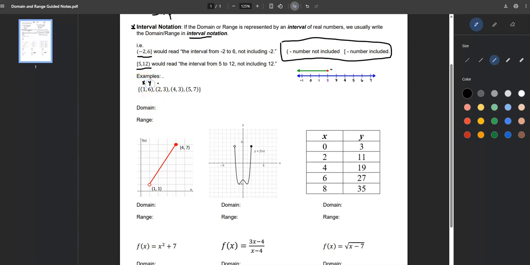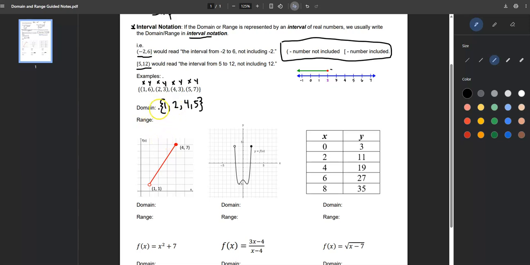Okay? But if I have a bunch of ordered pairs, for example, right here, if I have just these XY points, so this is a bunch of XY points that I have here. Like, how do I write the domain and the range for that? Here's how we do this. We're going to write all the X values out just in a line. So 1, 2, 4, and 5. And you can put it in numerical order. That's a good habit. And then we're going to put these little squiggly brackets, or I believe they're called braces, around them.